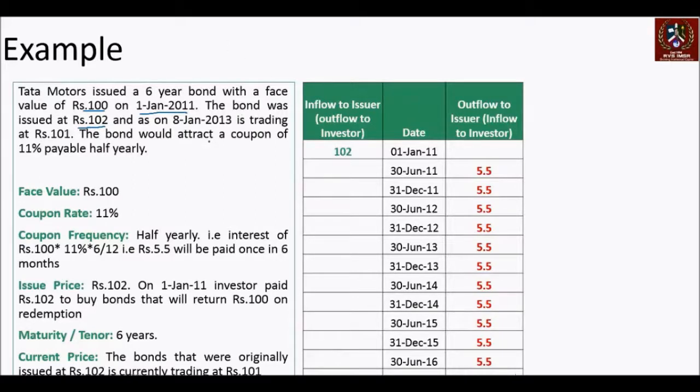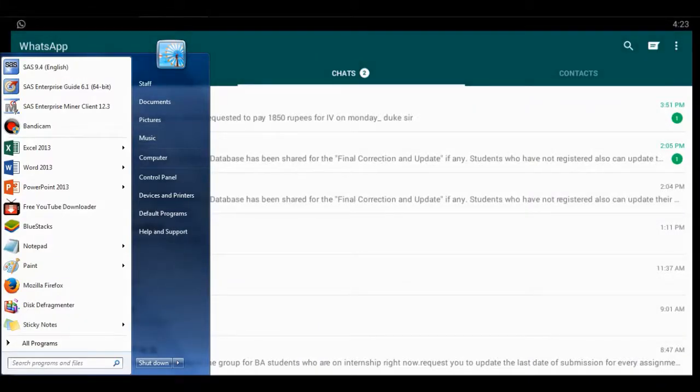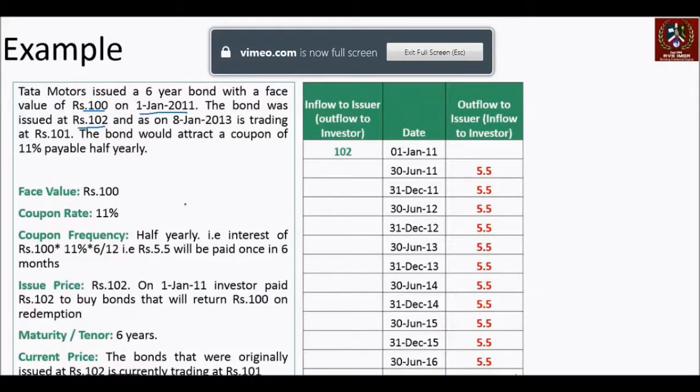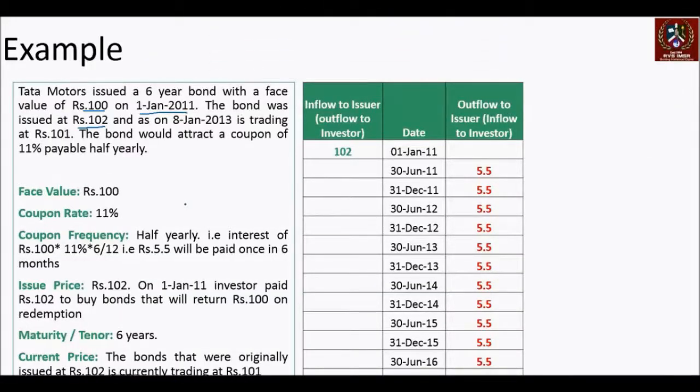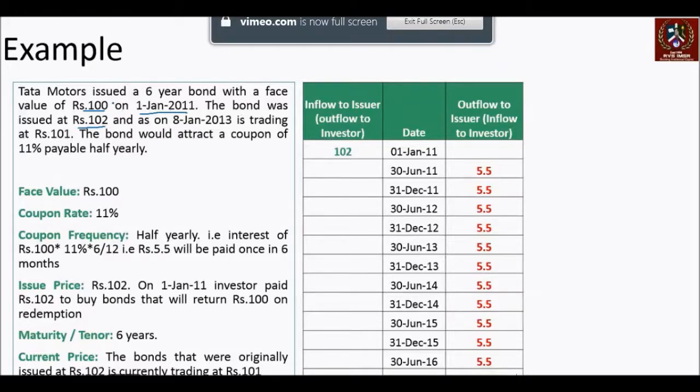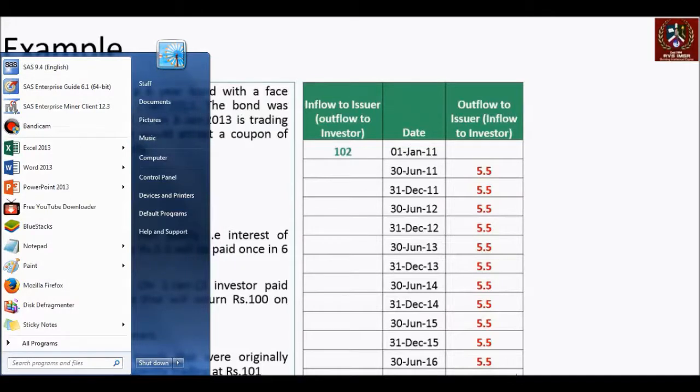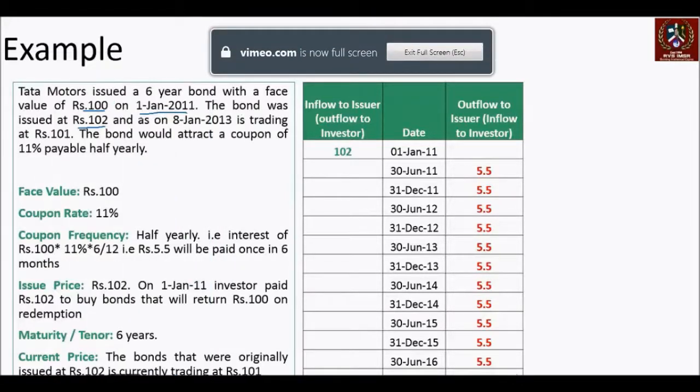Remember, the issue price is 102, and the face value is 100 in this case.